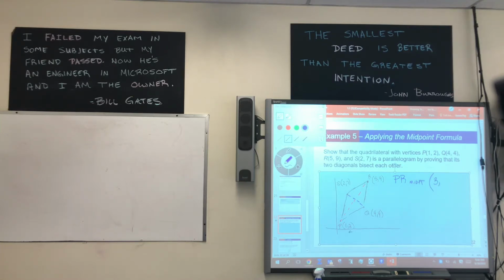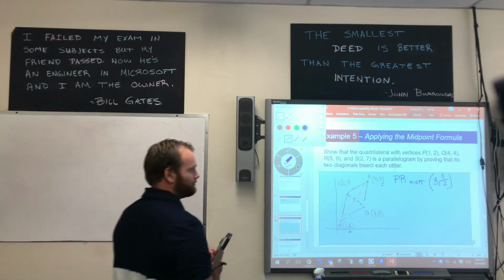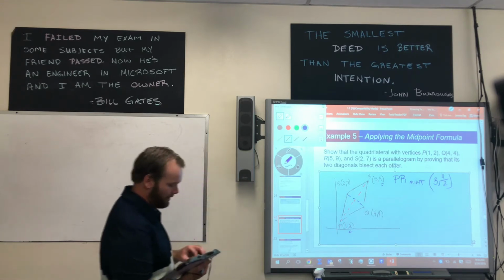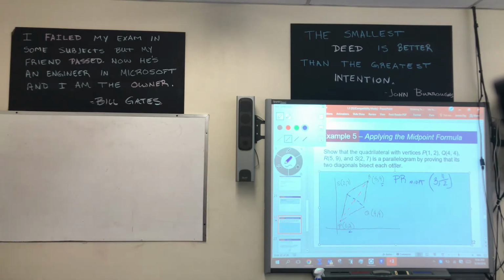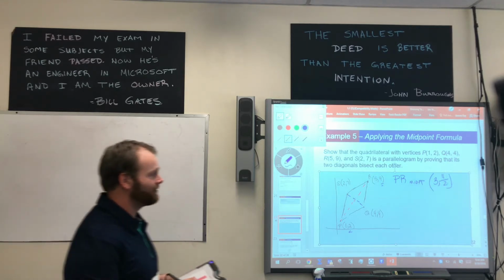Now I'll take the y values, 2 and 9, add those together, what do you get? 11, and then divide by 2. And you just leave it at 11 halves. You're going to find out in this class, guys, we're not going to want 5.5, okay? Mixed numbers are not anything we want either. We're going to go with improper fractions. So PR midpoint is 3, 11 halves.